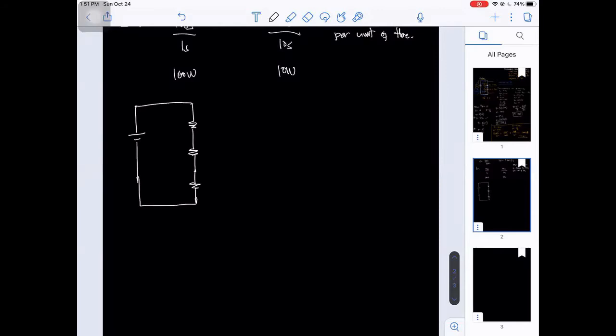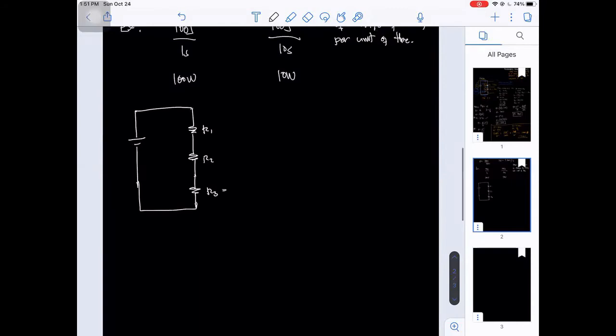R1 is equivalent to 1.8 kilo ohms, R2 is equivalent to 1.2 kilo ohms, and R3 is 1 kilo ohm. Our circuit is supplied by a battery which is equivalent to a 24 volts supply.